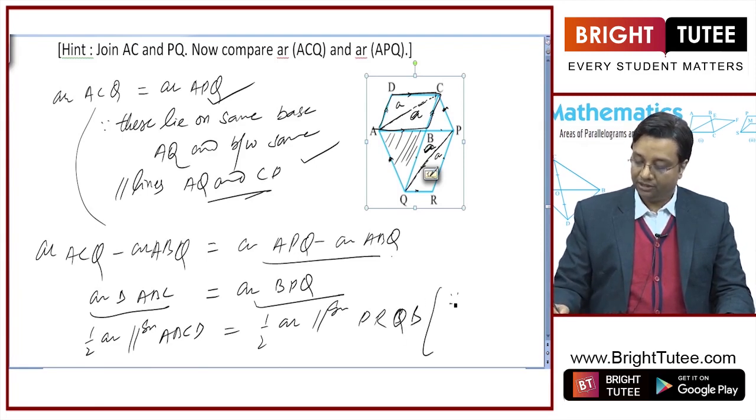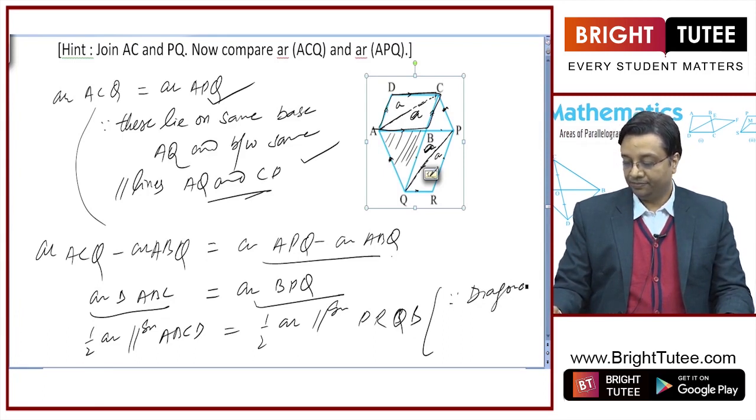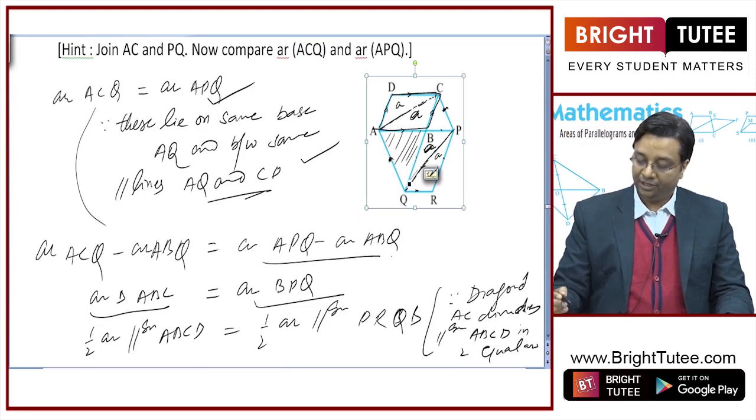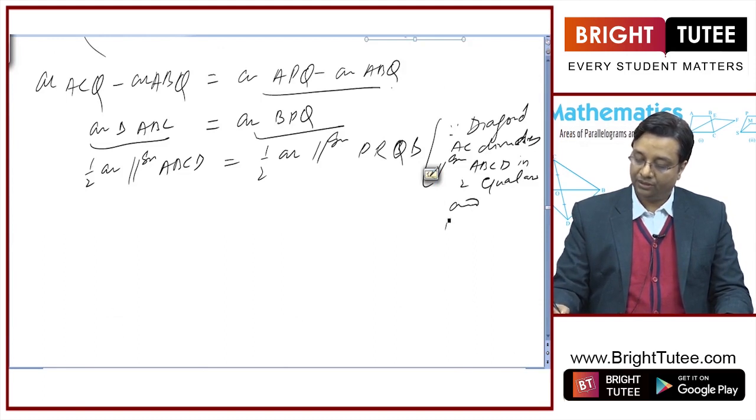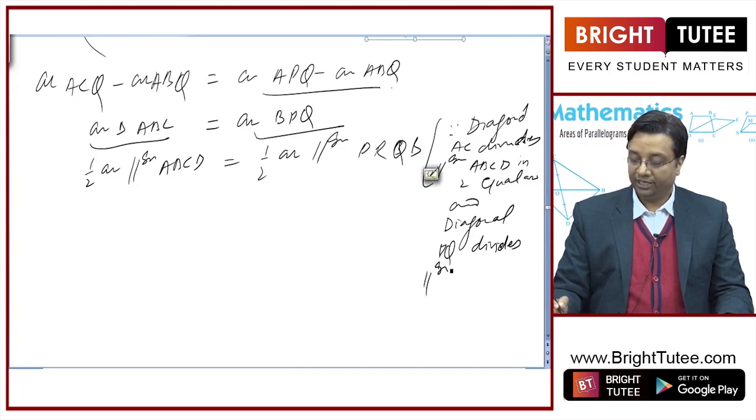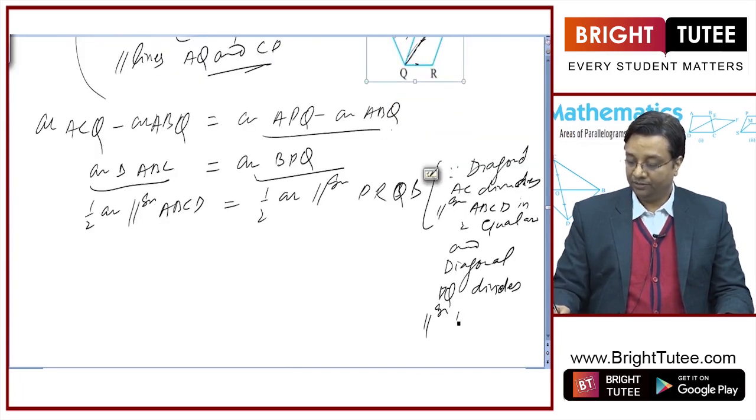Why? Because diagonal AC divides parallelogram ABCD in two equal areas, and diagonal PQ divides parallelogram PRQB in two equal areas.